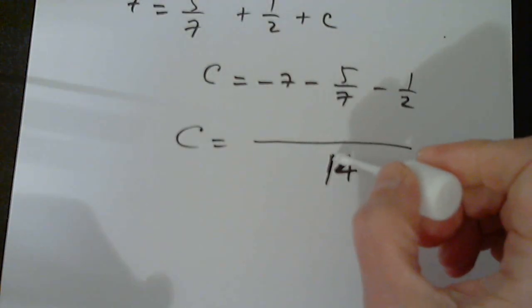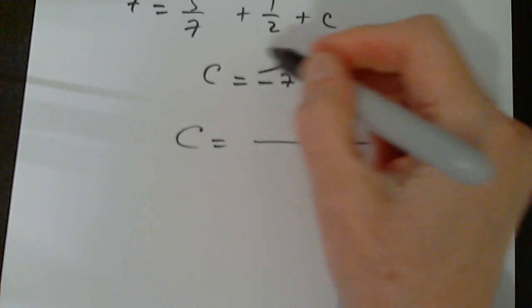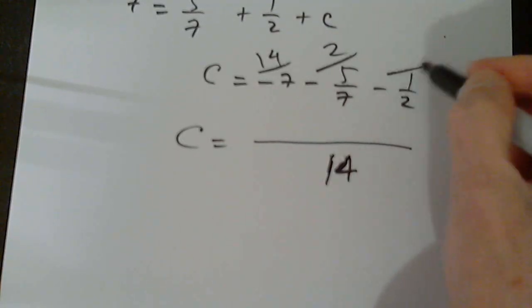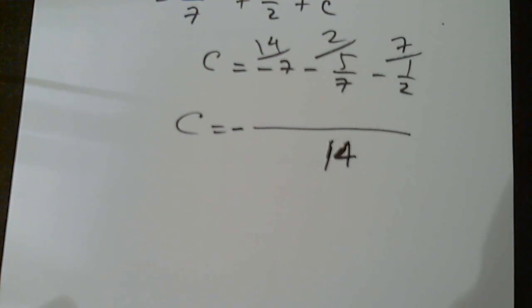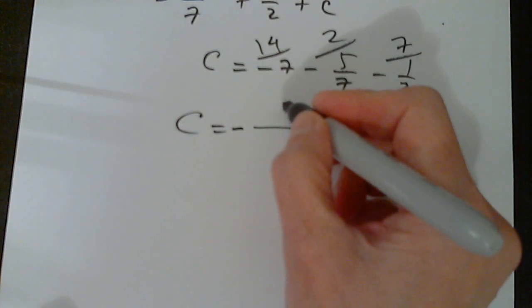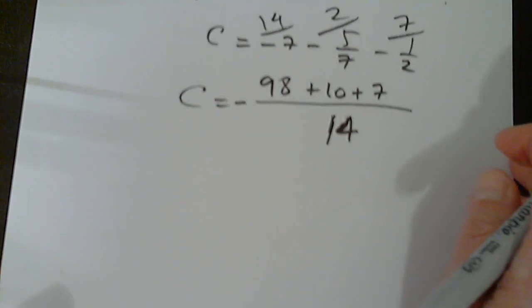So we multiply 7 by 14, and this is by 2, and this is by 7. And everything is negative, so I'm going to put the minus in front, and now everything is positive at the top. So 98 plus 10 and plus 7.